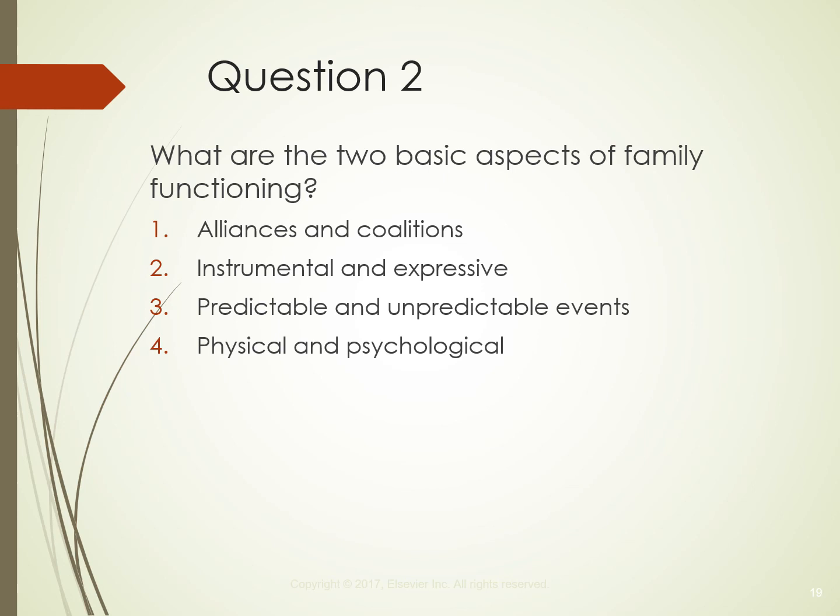The 2 basic aspects of family functioning are instrumental and expressive. Instrumental aspects will include routine activities of daily living such as preparing meals and eating, sleeping, and doing laundry, while expressive aspects will include communication, emotional, verbal, nonverbal, problem solving, roles, influence and power, beliefs, and alliances and coalitions.